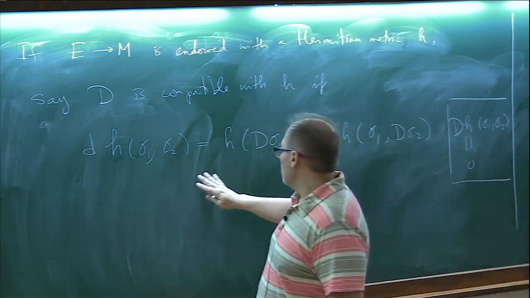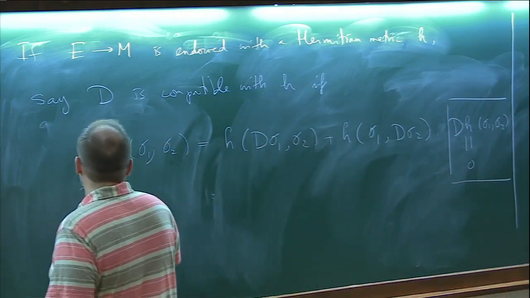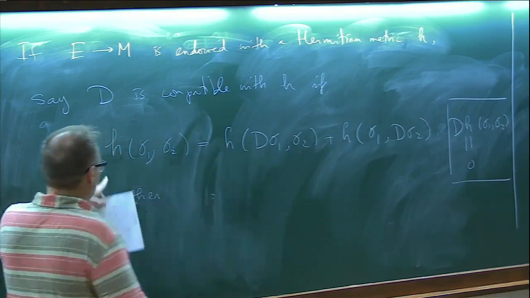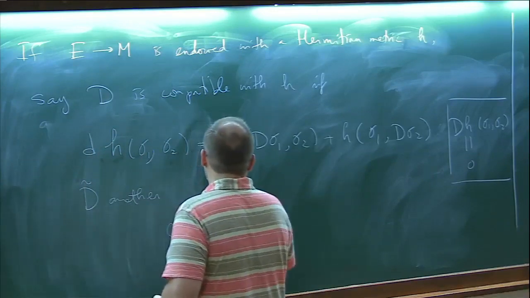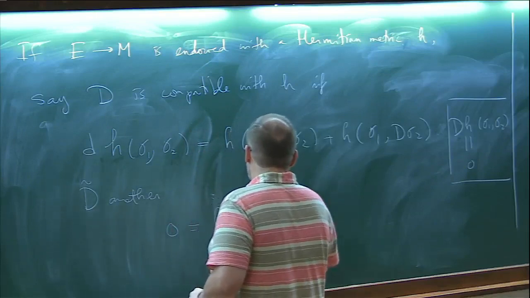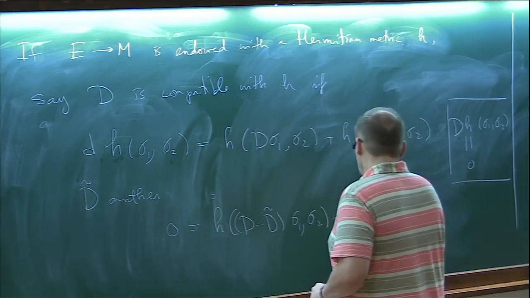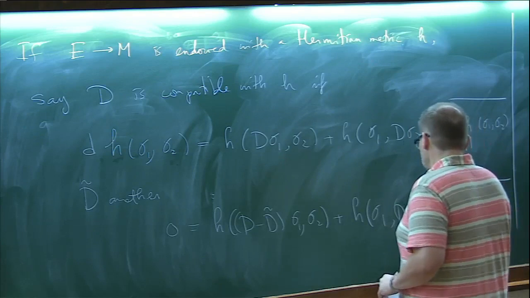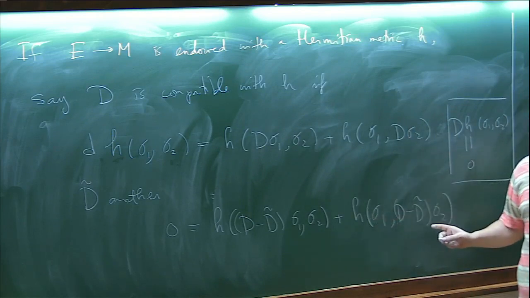Okay, so if you now have two such connections, say D tilde is another, then you can take the difference of the two. Well, you see this term here doesn't depend on the connection. So you get 0 is H of (D minus D tilde) sigma 1, sigma 2 plus H of sigma 1, (D minus D tilde) sigma 2. So this is our endomorphism, one-form valued endomorphism, and it's skew Hermitian.